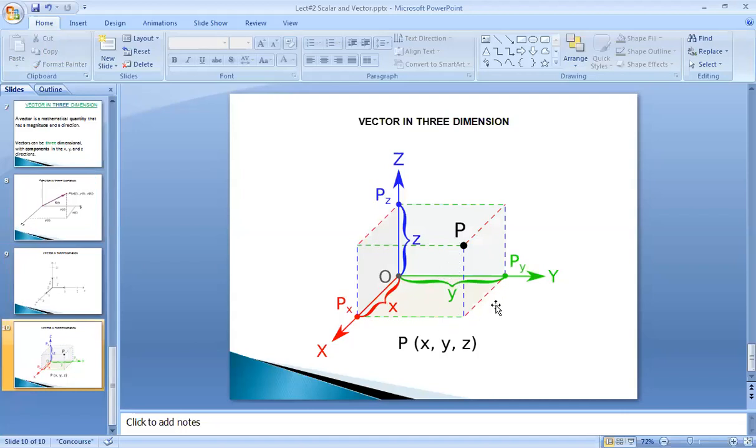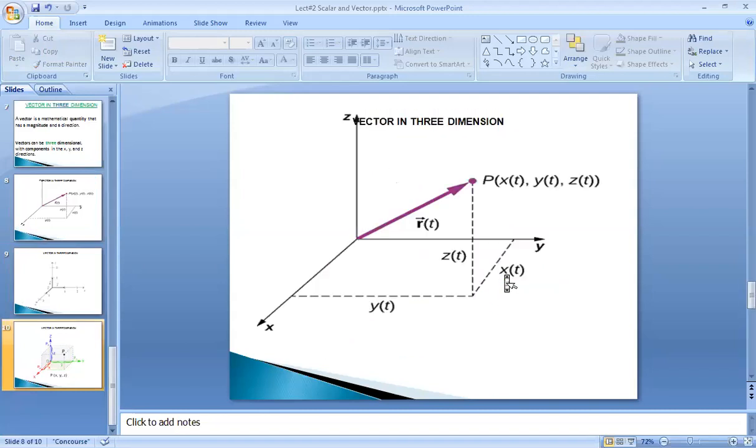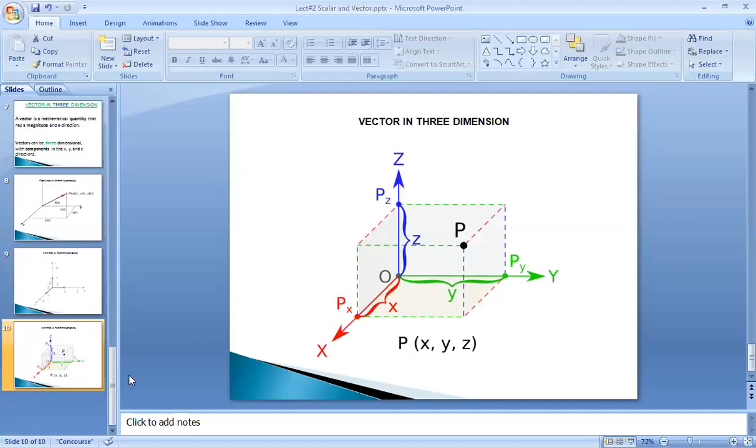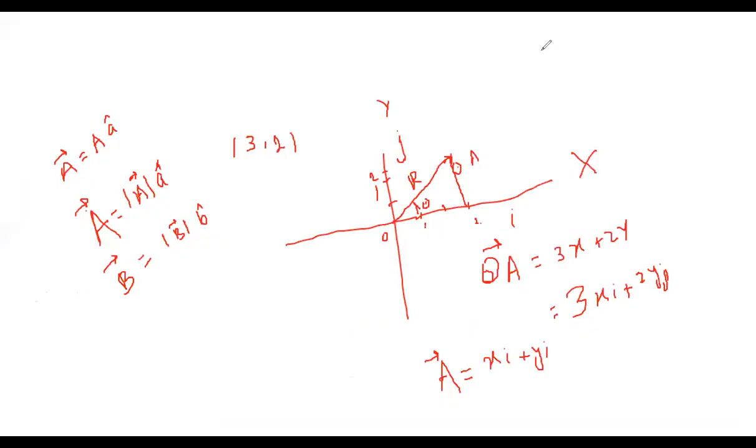This vector is parallel to this vector, this is the green color vector, and this is the blue color vector. The green dotted line points to the vector parallel to y, and this is x, y, and z. So OP is the vector which shows the components of P.